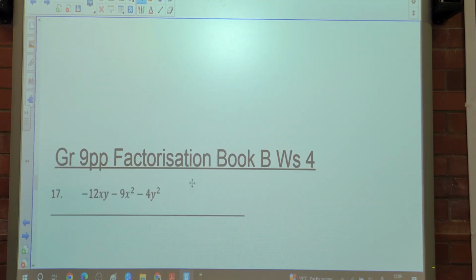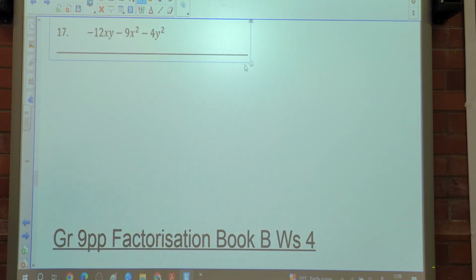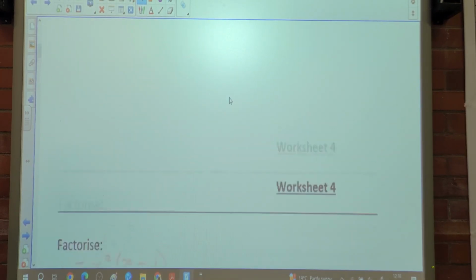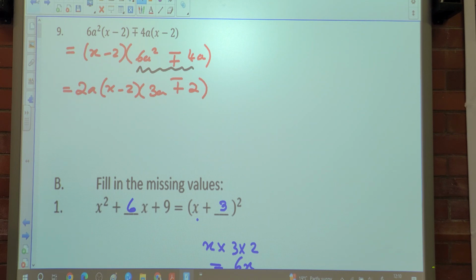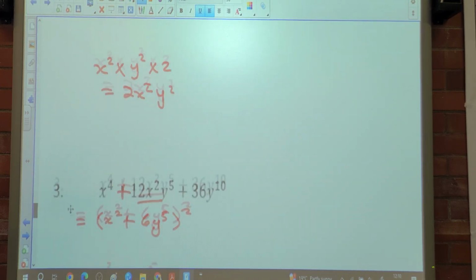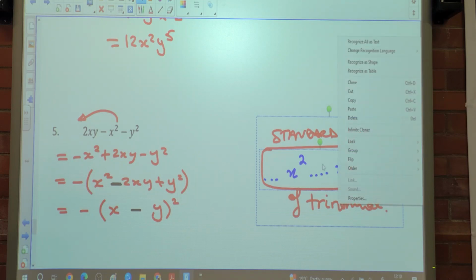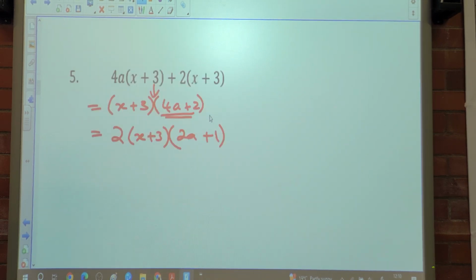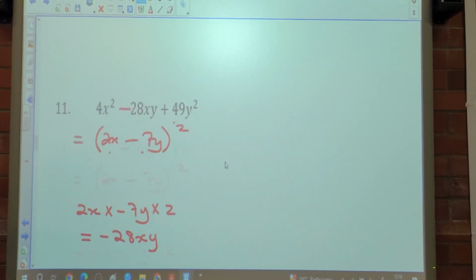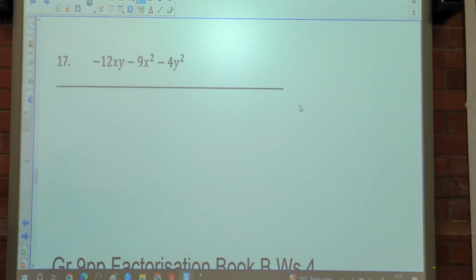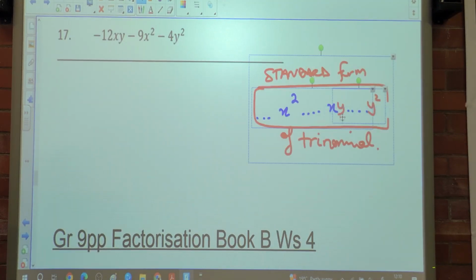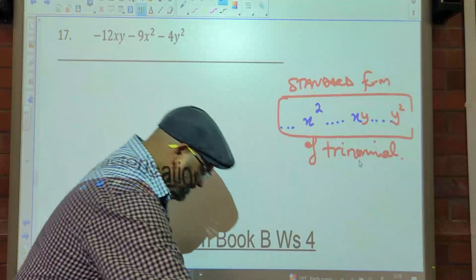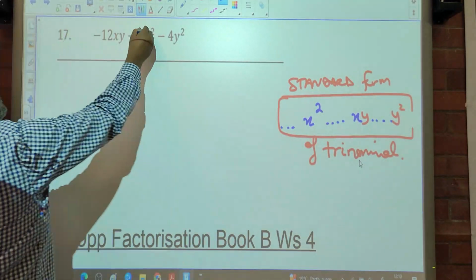Right, next. The last one. Number 17. People, is that in standard form? No. So what must I do? Arrange it in the standard format. So we're going to bring the negative 9x squared first.